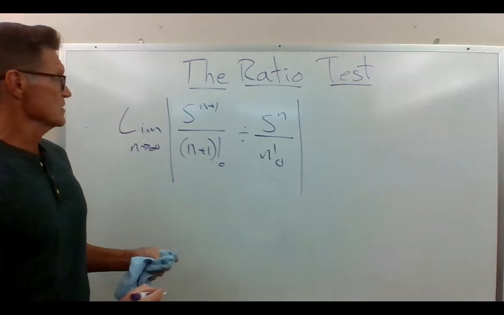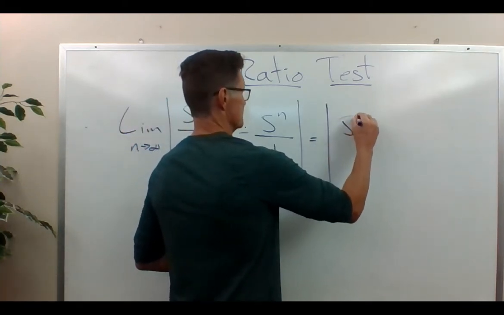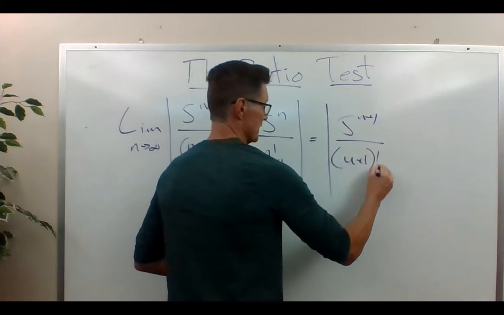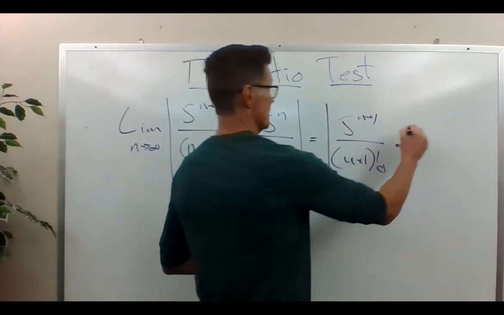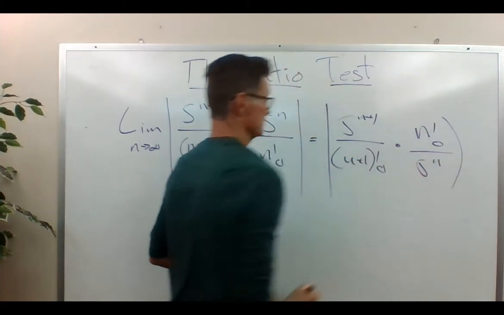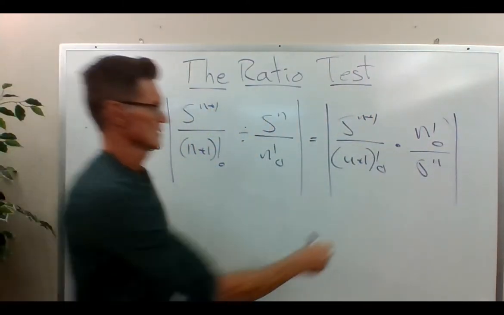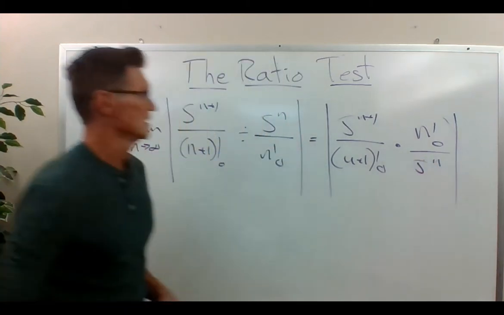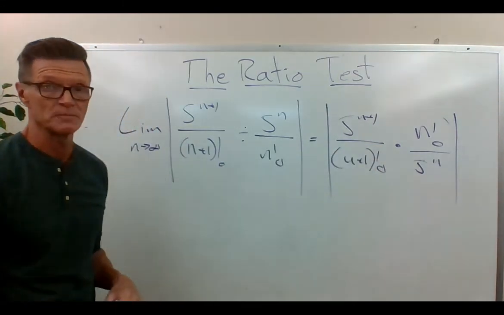Then we change this to 5 to the n plus 1 over n plus 1 factorial times the reciprocal, n factorial over 5 to the n, because remember we just changed division to multiplication by the reciprocal.